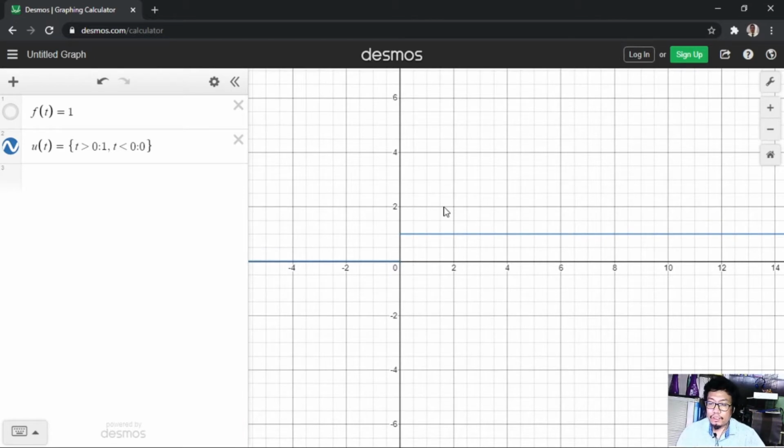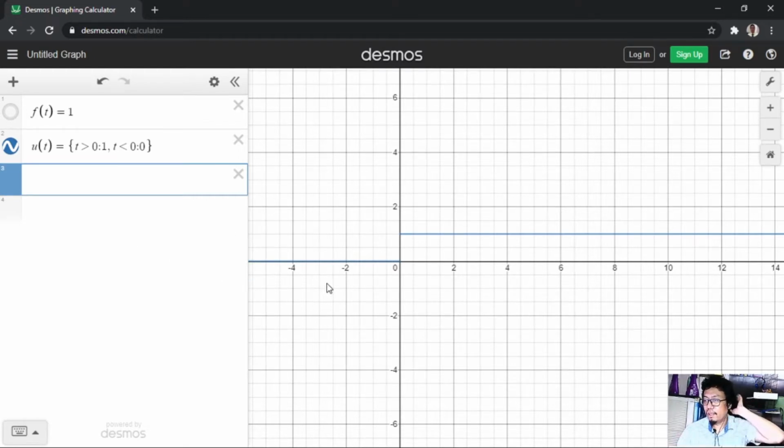So again, the difference between f of t equals 1 and u of t is glaring. f of t is defined for all t, while u of t is non-zero for positive t, but is 0 for negative t.